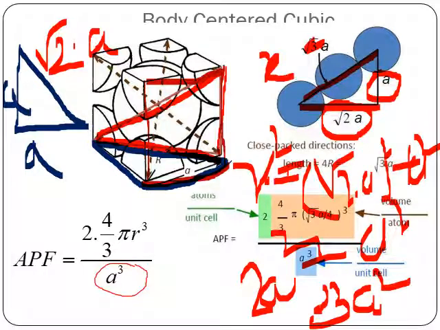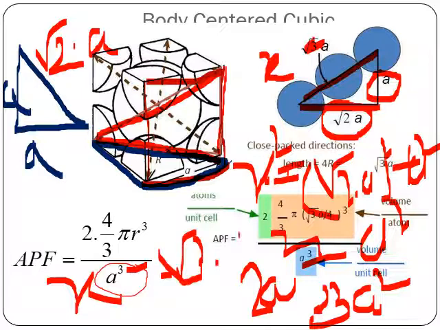Or if you remove the square, x will be equal to root 3 into A. So that's how exactly we can get the root 3A here at this position, by again applying the Pythagoras theorem.